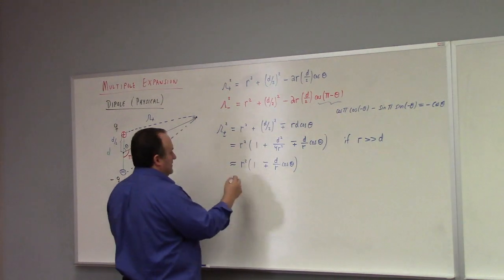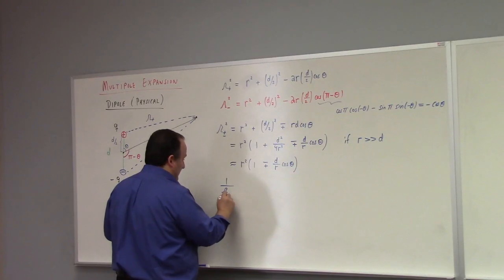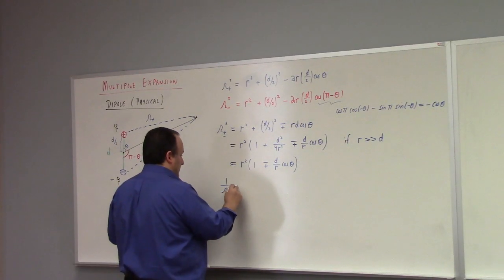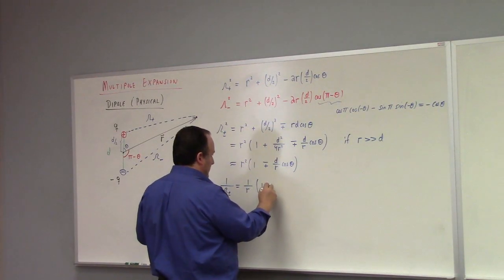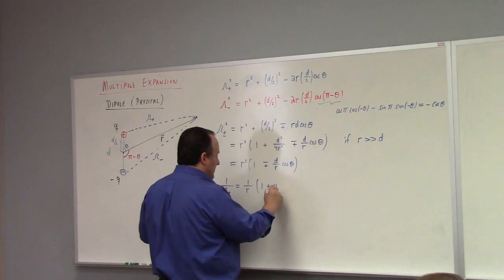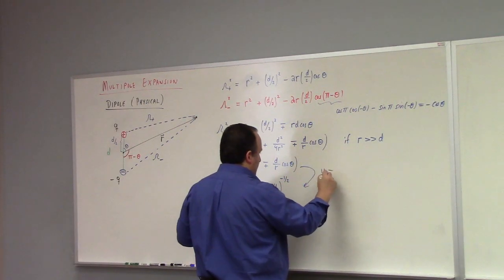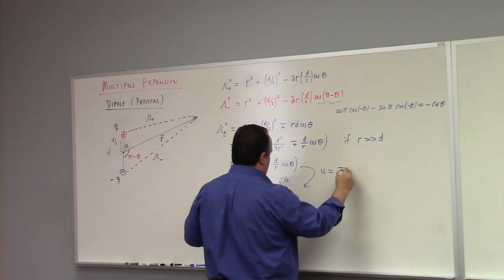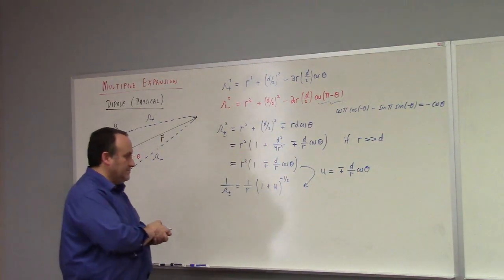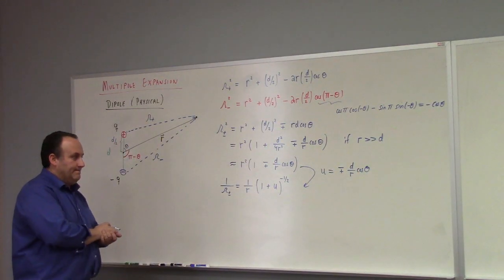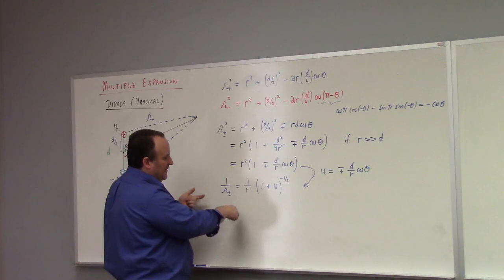So look, if we solve for 1 over r plus or minus, it's 1 over r times 1 plus u to the minus 1/2 power, where u is equal to minus plus d over r cosine theta. What I'm doing is flipping and then taking the square root. R is assumed to be positive, so factor that out.